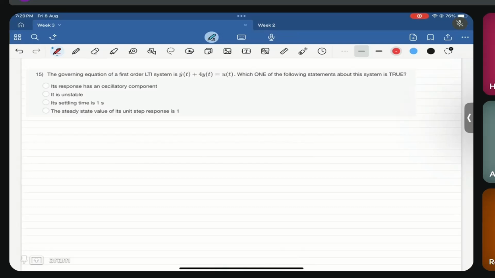Okay, let's try this problem. The system is y dot plus 4y equals u(t). Now we can write it as, so y by u is 1 by s plus 4, right?